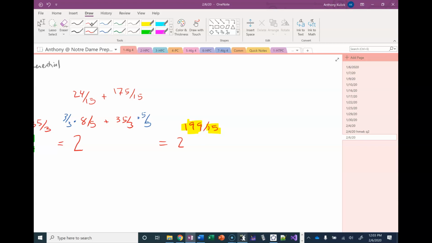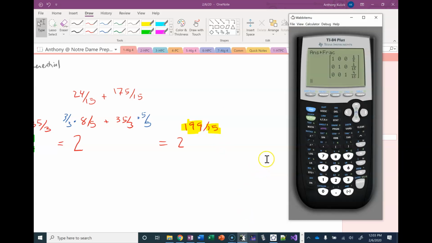To do this, all I really need to do is write 199 over 15 as a mixed number. The easiest way to do that is to use your calculator. So if I do 199 over 15 and then press the math, press enter, it's going to give me 13 and some change, right? Nope, I'm sorry, just enter.